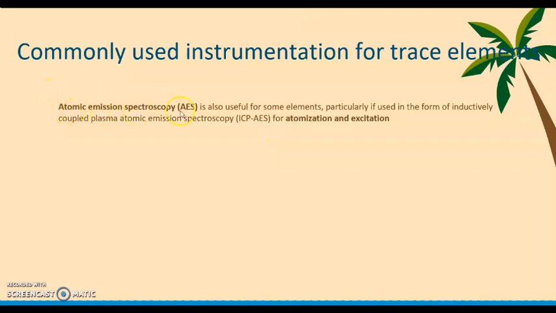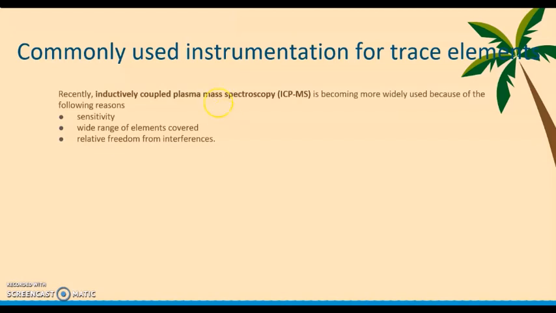Madalas, pagka si atomic emission spectroscopy, pinipair siya kay ICP o yung tinatawag nilang inductively coupled plasma atomic emission spectroscopy. Meron din si inductively coupled plasma mass spectroscopy, sinasama din siya dito kasi mas sensitive siya, mas marami yung mga elements na kaya niyang itest at medyo free siya from the interferences o yung mga problems na na-encounter natin when it comes to the collection of the specimen, most especially sa mga trace elements.